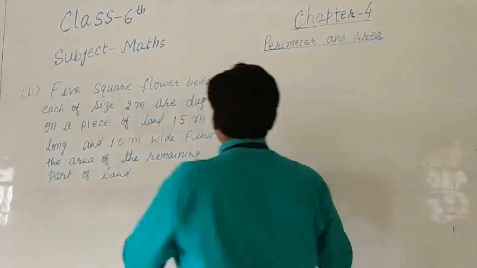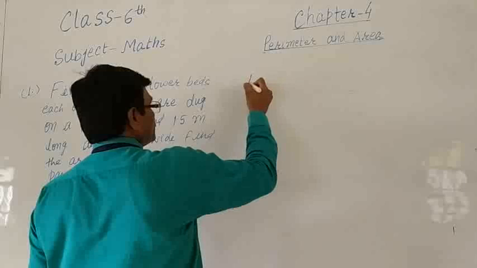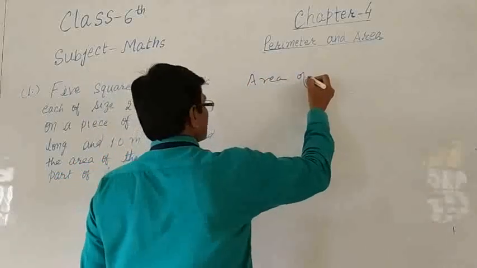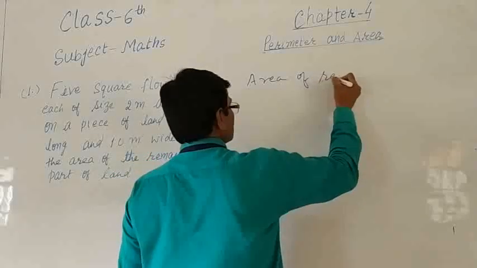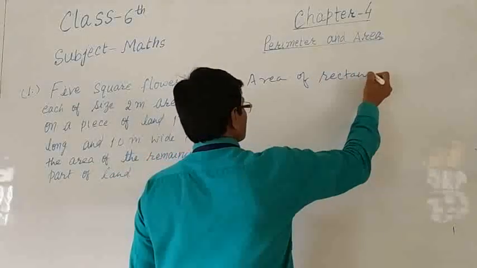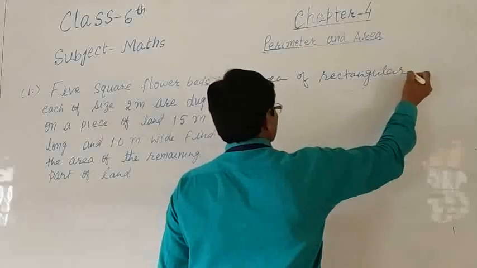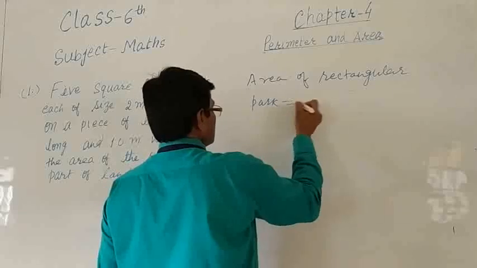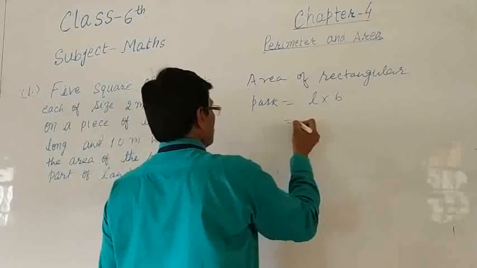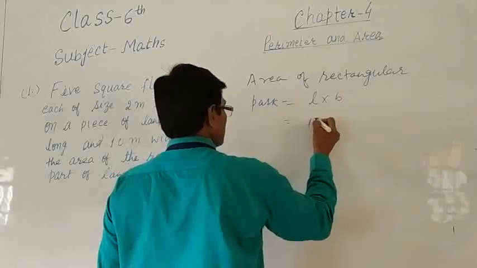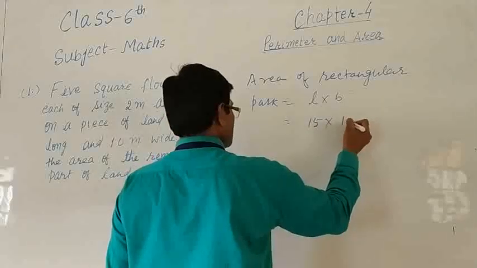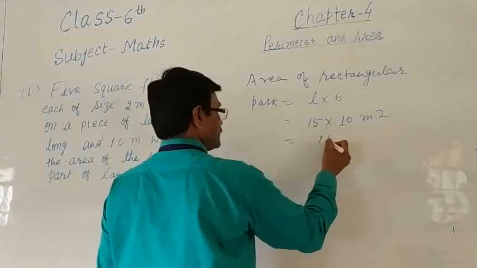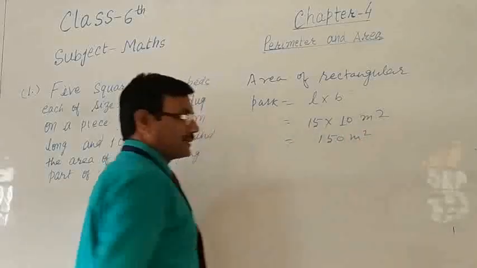So write as area of rectangular part is equal to length into breadth. So length is 15 meter and breadth is 10 meter. 15 tens are 150 meter square.